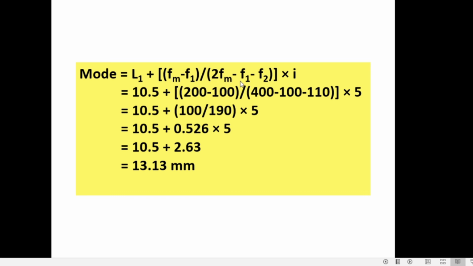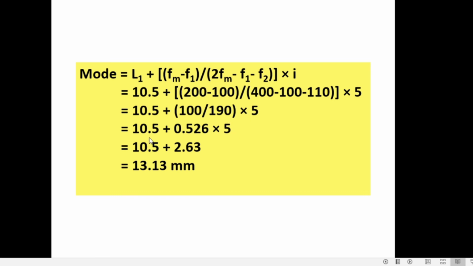Then 2Fm means 2 into 200, that is 400. F1 was 100, F2, the frequency following 200, was 110. And I is equal to 5. So that will be equal to 10.5 plus 100, that is 200 minus 100, by 400 minus 100 minus 110, which is 190, into 5.